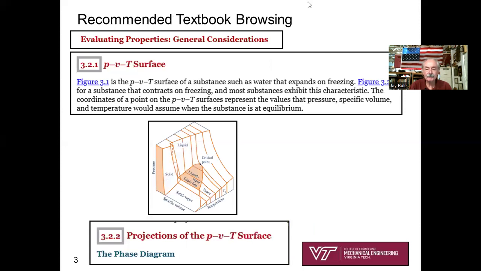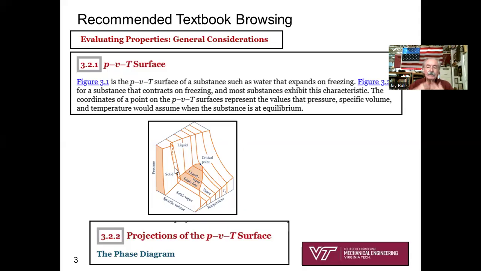Here's a little screenshot from your book, and it says evaluating properties, general considerations. I do want to chase you to section 3.2.1, which introduces what's called the pressure, specific volume, temperature surface. This is like an XYZ plot, and I'm going to blow that up on the next slide.